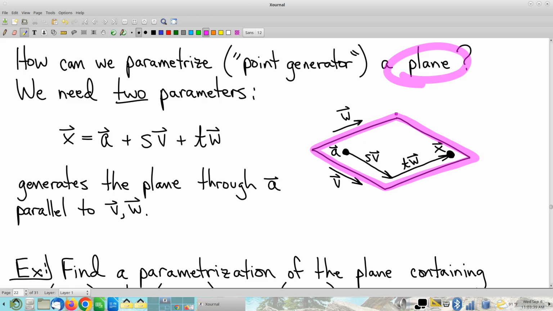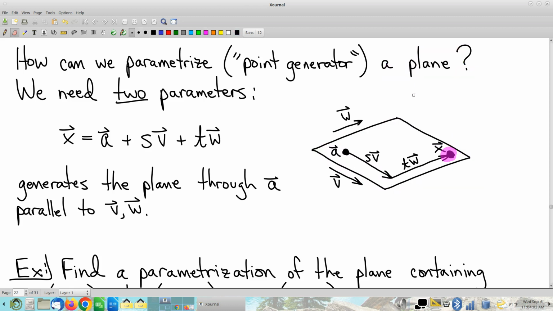A plane is a surface. It's two-dimensional, and I'm going to make the pitch here that two parameters will account for that. Keep in mind, a parameterization is a point generator. We're going to be able to generate all these points with two parameters as follows.